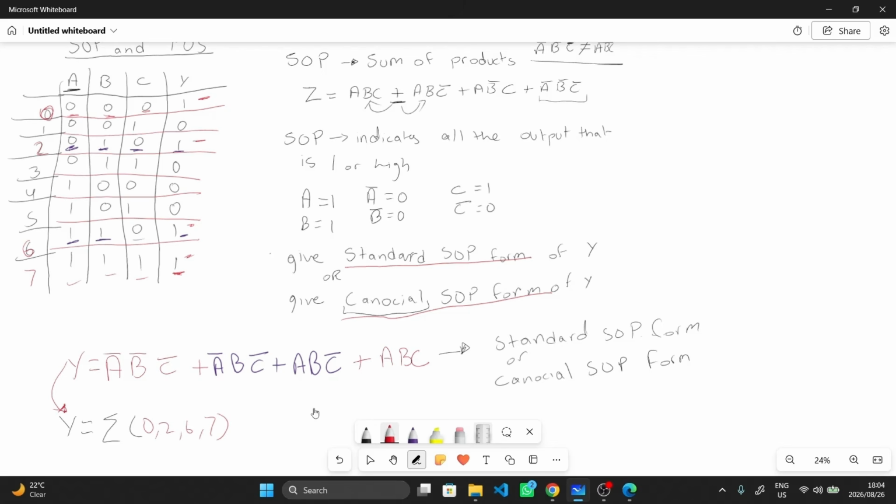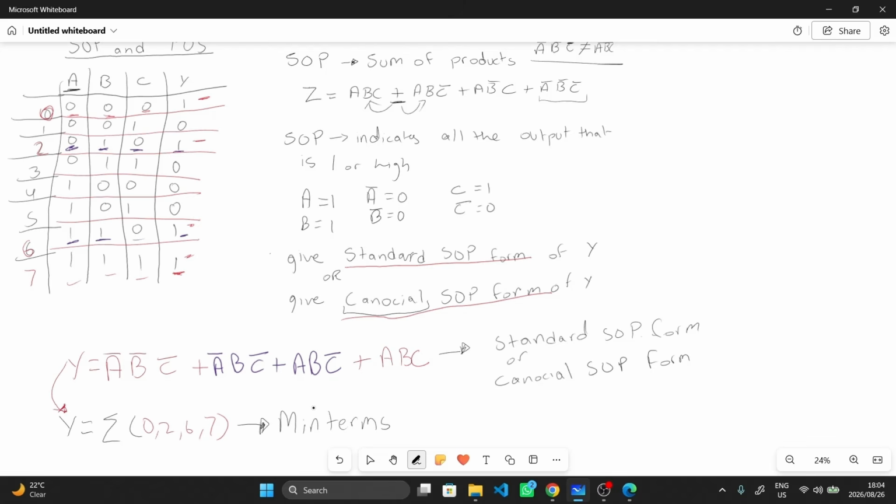And this form, we call it min terms, right? So we call this min terms. So whenever they ask you min terms, they want you to express it in this form.